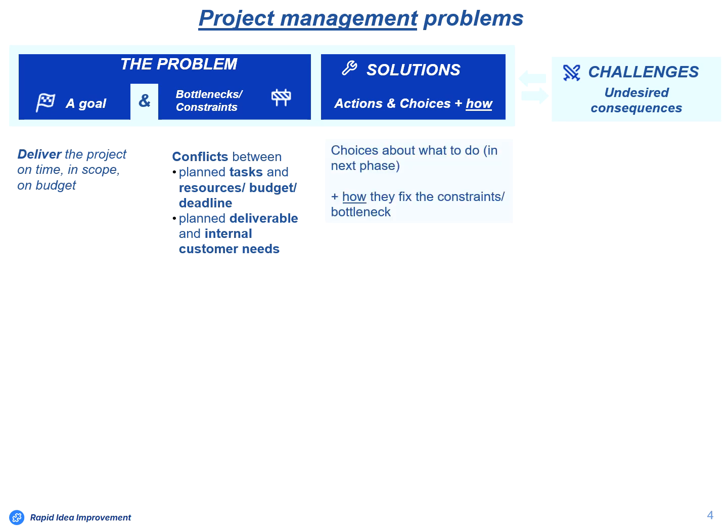What you do when managing a project is come up with solutions that resolve these bottlenecks and constraints so that the goal can still be reached or is reached. And so those are all choices about what to do in a particular phase of the project in order to resolve such a bottleneck, so a conflict between a planned task and a resource, or a conflict between a planned deliverable and your internal customer needs. And so those will be the solutions to your project management problem.